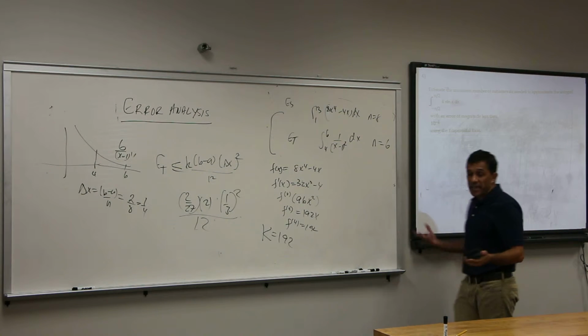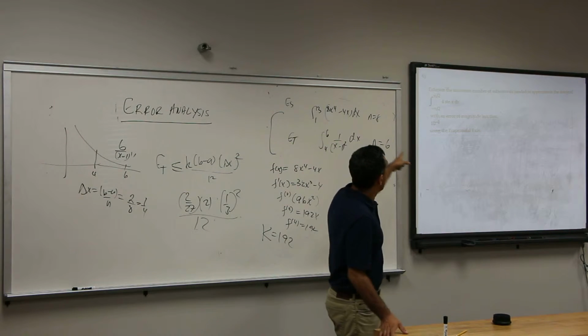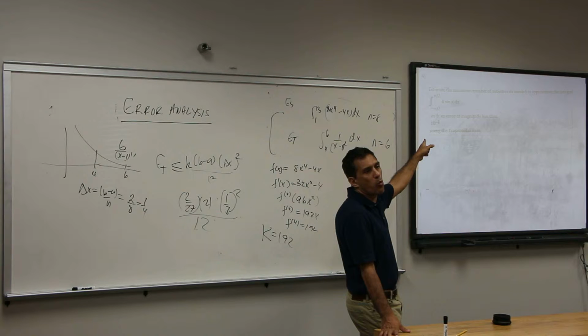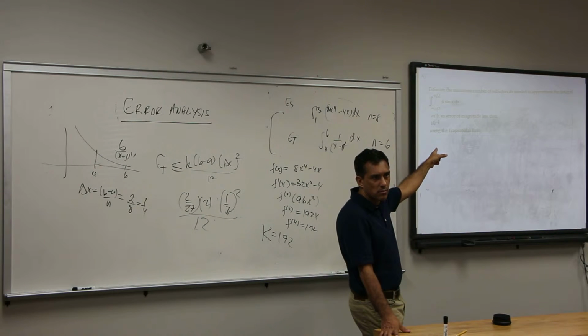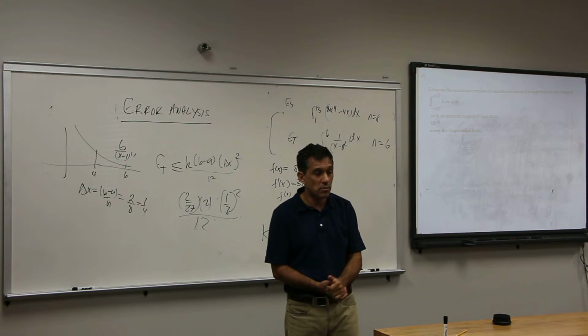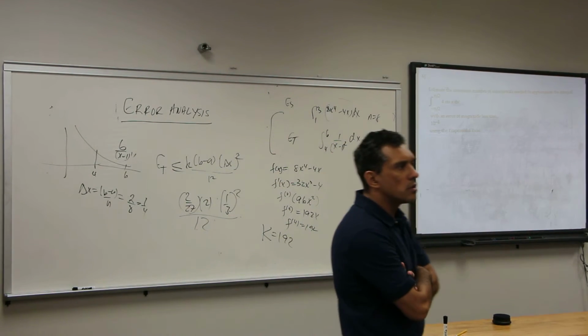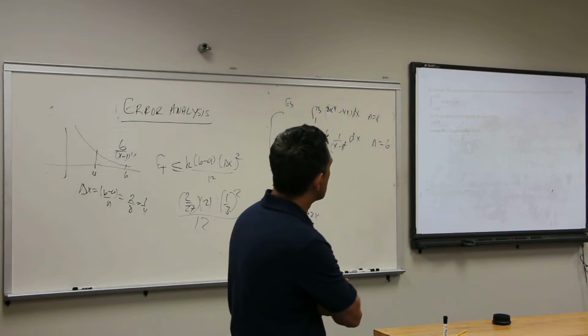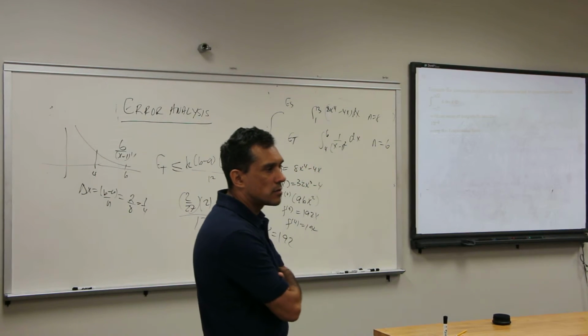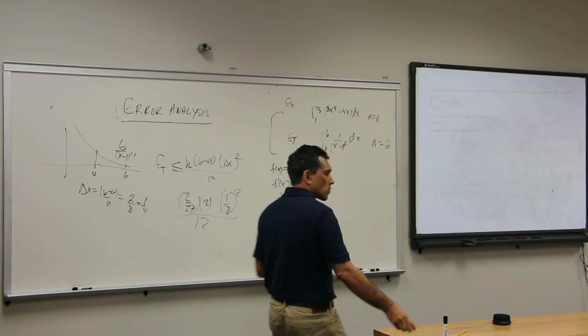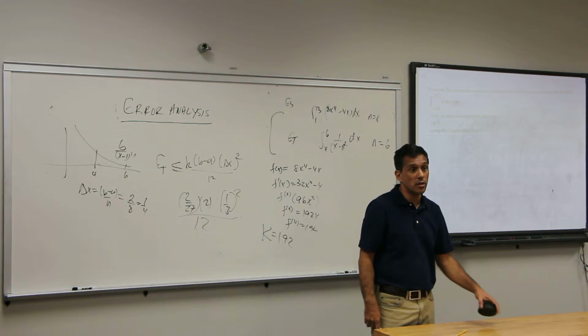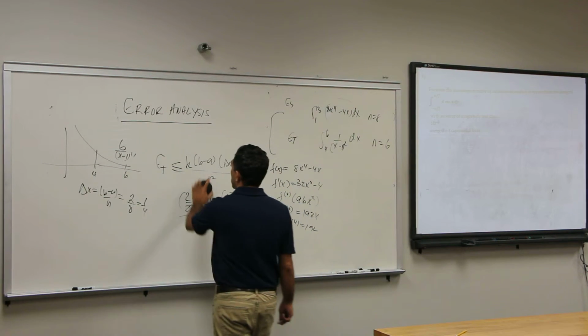And I want to know how many intervals I need so that my error is no more than 0.0001. How many intervals do I need to break it up into? I want to use the trapezoidal rule, and the error must be no more than 0.0001. So I'm going to use the trapezoidal error formula. What is the trapezoidal error formula? It's this.